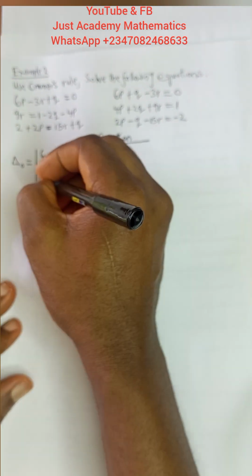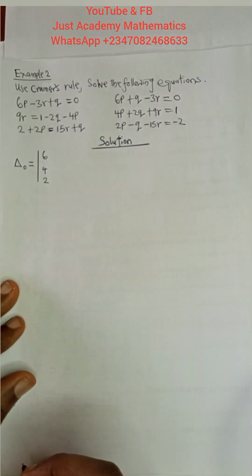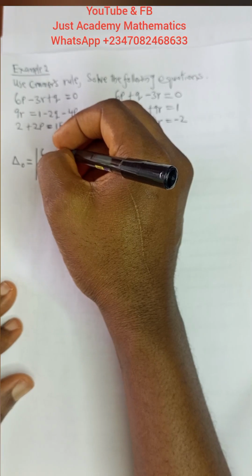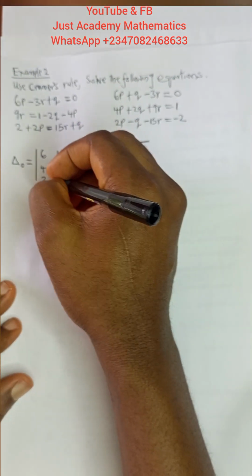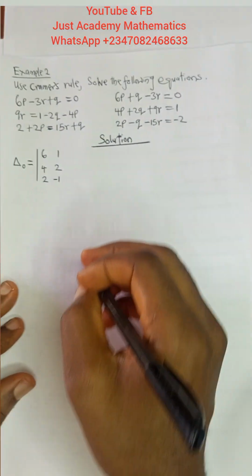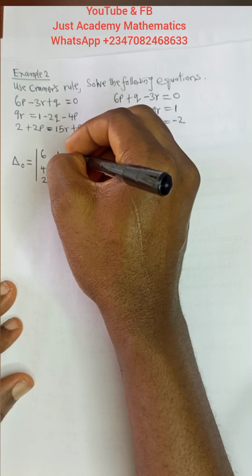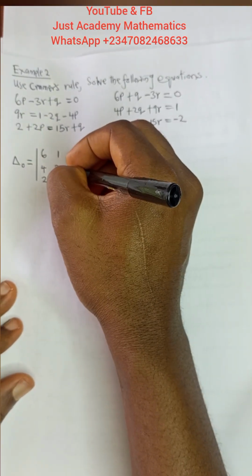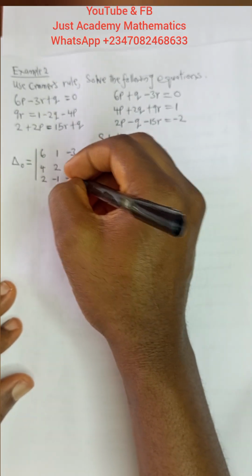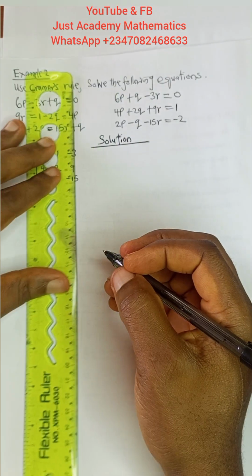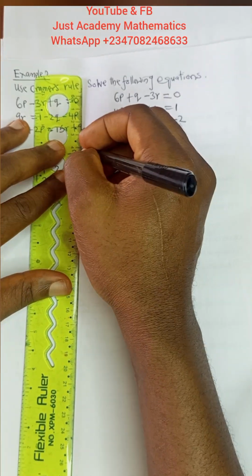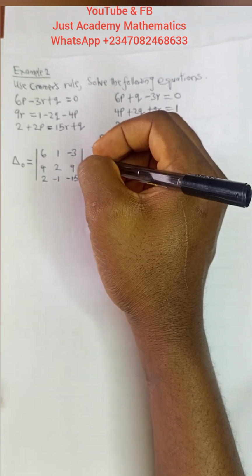P in equation 3, 2. We do the same thing for Q: 1, 2, -1. And that of R, we have -3, 9, and -15. So with this, we'll find the determinant of this to get what is called change in 0.